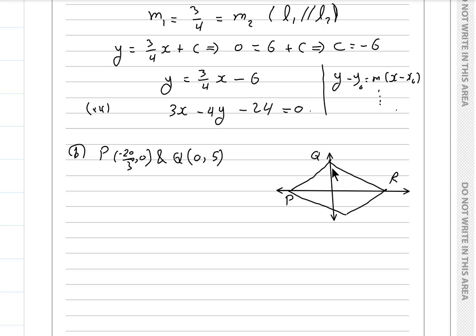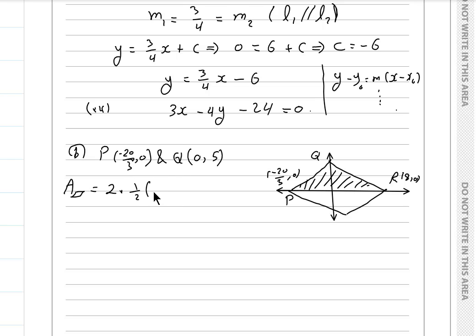Maybe the easiest way is to get the area of this triangle and double it. It will be very easy because we have R at 8 and 0, and P at negative 20 over 3 and 0. So this distance should be 20 over 3 plus 8. So I will get the area of the parallelogram as follows: 2 multiplied by half base times height of this triangle.